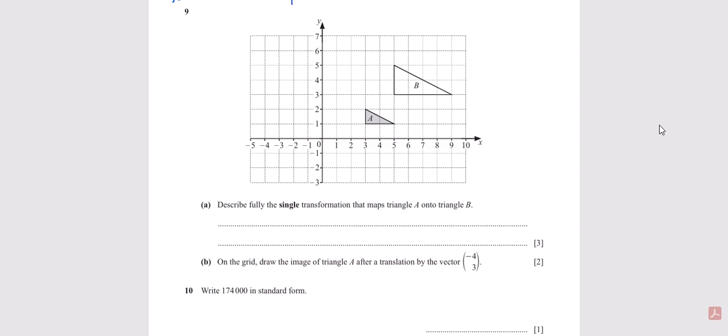Question number 9. Describe fully the single transformation that maps triangle A onto B. First of all, we draw lines from each side.